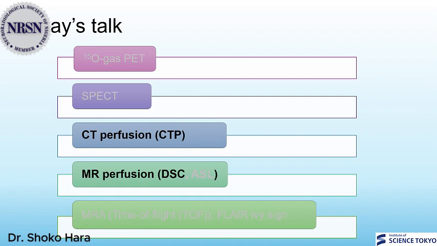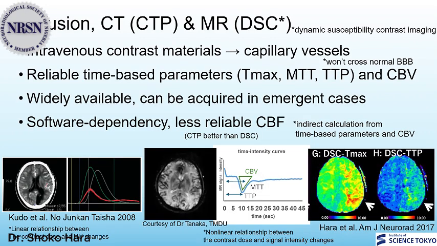The next topic is CT perfusion and MR perfusion, both of which use contrast agents. CT perfusion and MR perfusion, or dynamic susceptibility contrast imaging, measure contrast or signal intensity changes after an intravenous bolus injection of contrast agents.